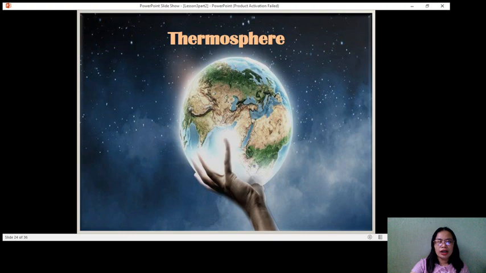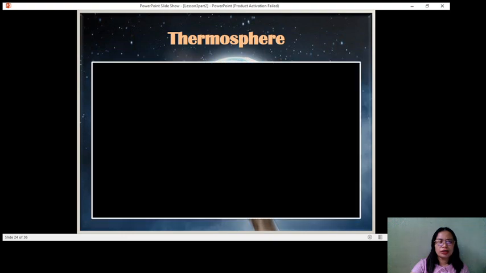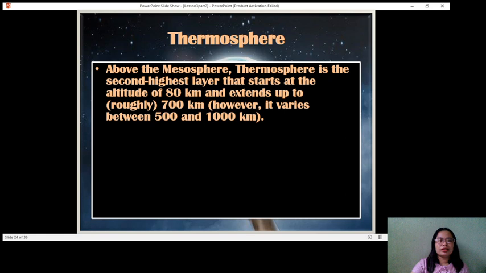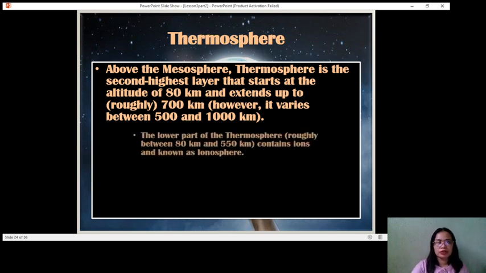Now, next is the thermosphere. What is thermosphere? Above the mesosphere, thermosphere is the second highest layer that starts at the altitude of 80 km and extends up to 700 km. However, it varies between 500 and 1000 km.